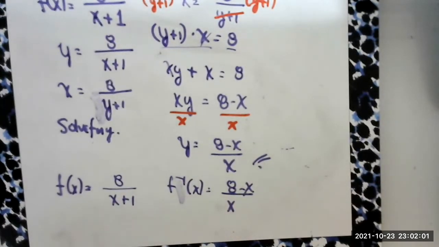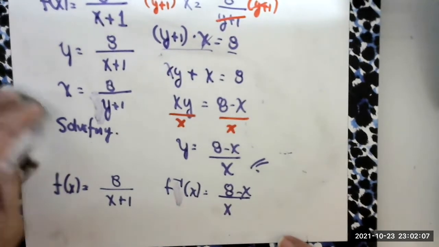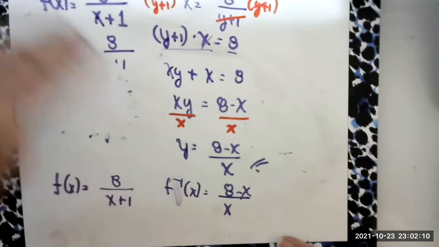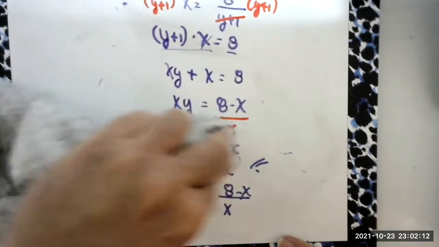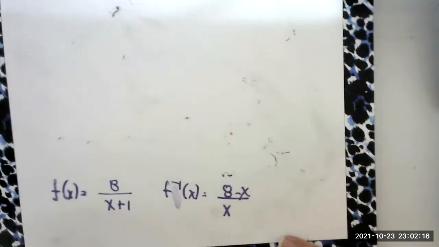Okay, so let's go ahead and find the domain and range of both. So I'm going to erase the top. I'm going a little bit fast. Remember, you can always pause the video, so you can always go back.